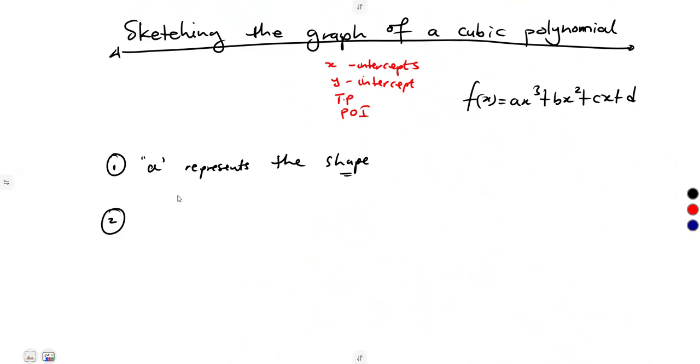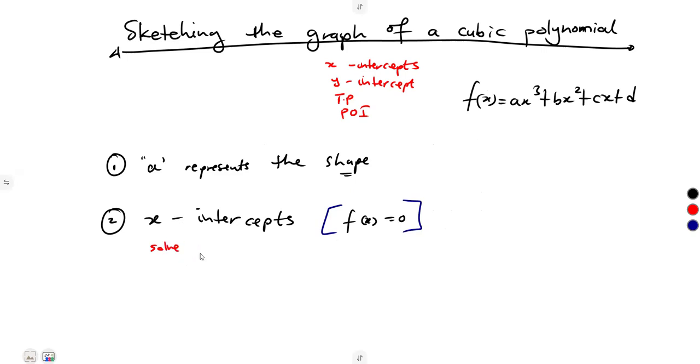Then you are going to need the x-intercepts. For the x-intercepts, we understand that y is equal to 0, so it is on a condition where f of x is equal to 0. For this condition, you are supposed to apply the factor theorem in order to find the x-intercepts.